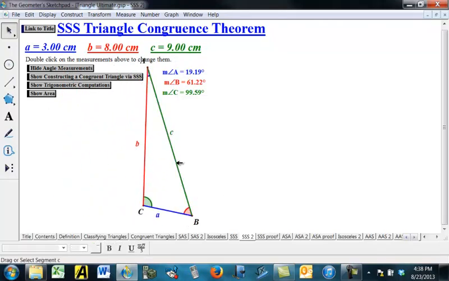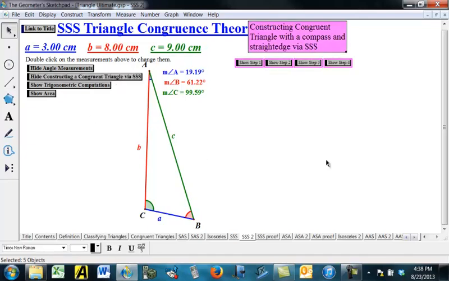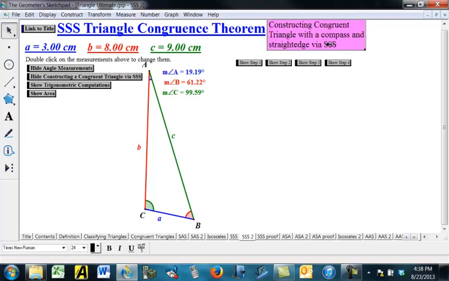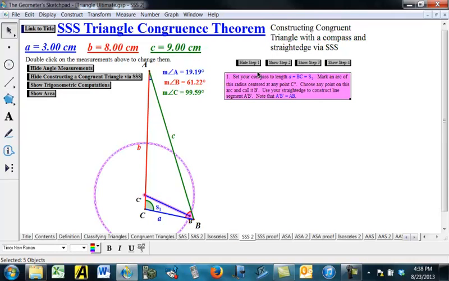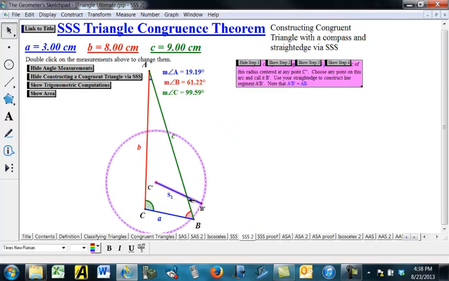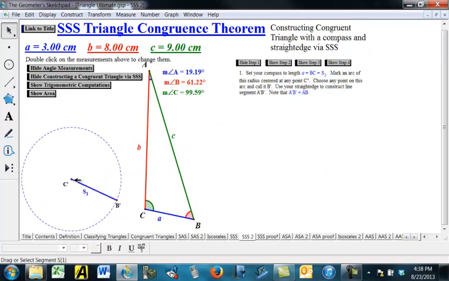Okay, and so you should be able to do this with a compass and a straight edge and a ruler to draw these kind of things on your own. And here's how you would do it with a compass and a straight edge. The first thing you would do is pick a point to start with, anywhere you want, for C prime, and set our length A, which is our first side here.